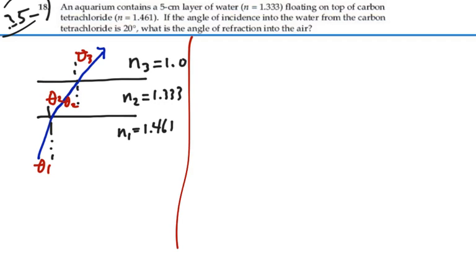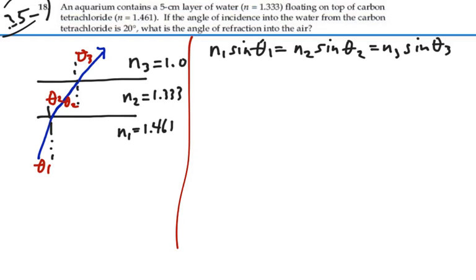Snell's law applies, so we have n1 sine theta 1 equals n2 sine theta 2, and for this matter, since our internal angles are equal inside the water there, this will also be equal to n3 sine theta 3.